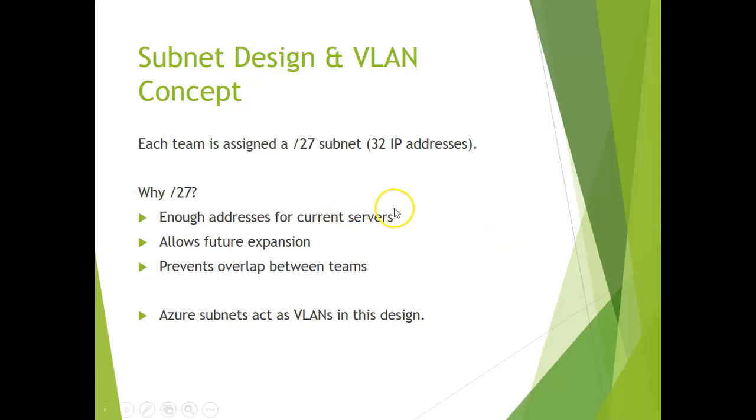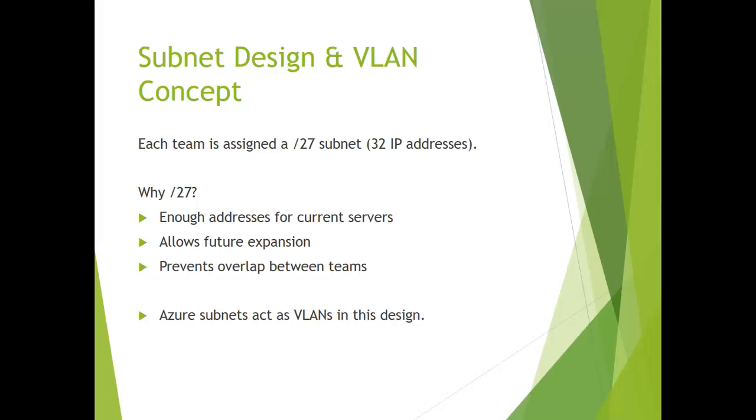So next, the virtual networks will be created in the Azure portal by navigating to the virtual network service and selecting create. Each virtual network will be configured with an address space of 10.1.1.0/24, and inside each virtual network a subnet will be created using a /27 subnet mask.